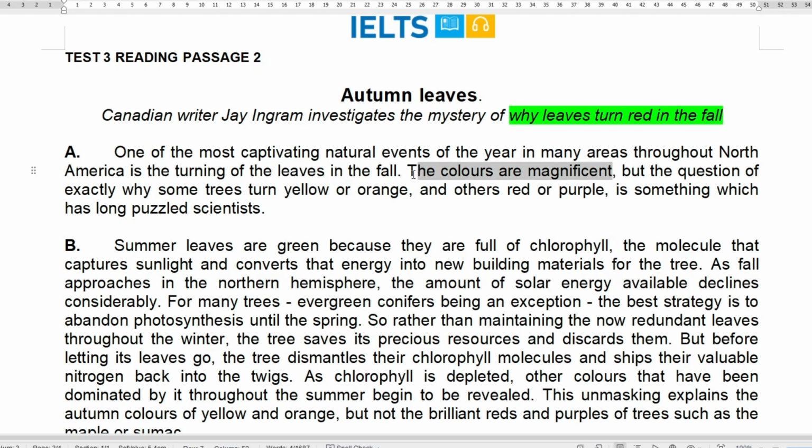So one thing I want to mention is that while I'm reading the whole passage, paragraph by paragraph, it is also essential to highlight for yourself or to take into your notes very interesting expressions you may use in your IELTS speaking as well as writing. For example, like the colors are magnificent. You can obviously use this as an answer to what is the weather like in your country.